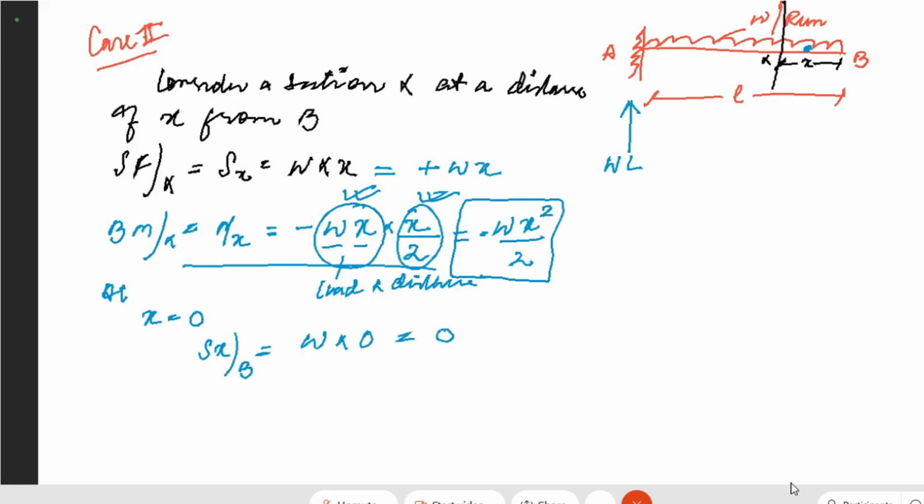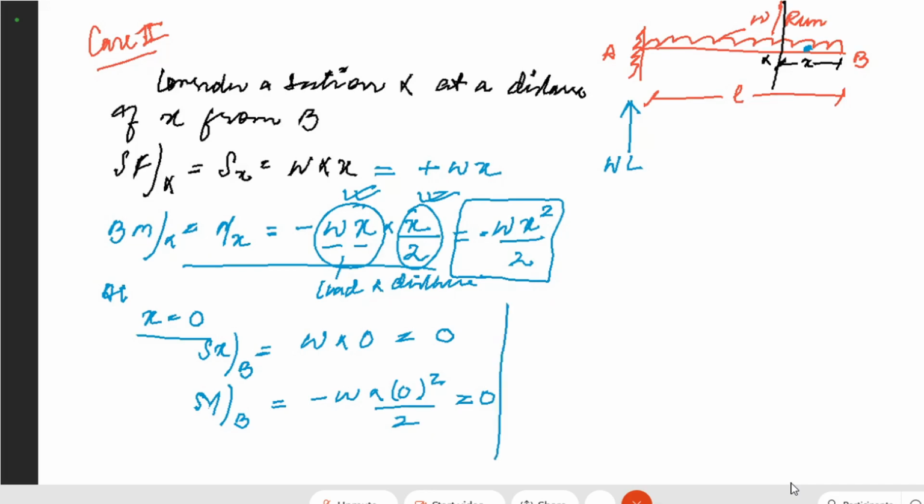And your bending moment at point B, that means at point x equal to 0, will be again equal to minus W into 0 square by 2, again 0. That means here you can say bending moment as well as shear force both are 0.